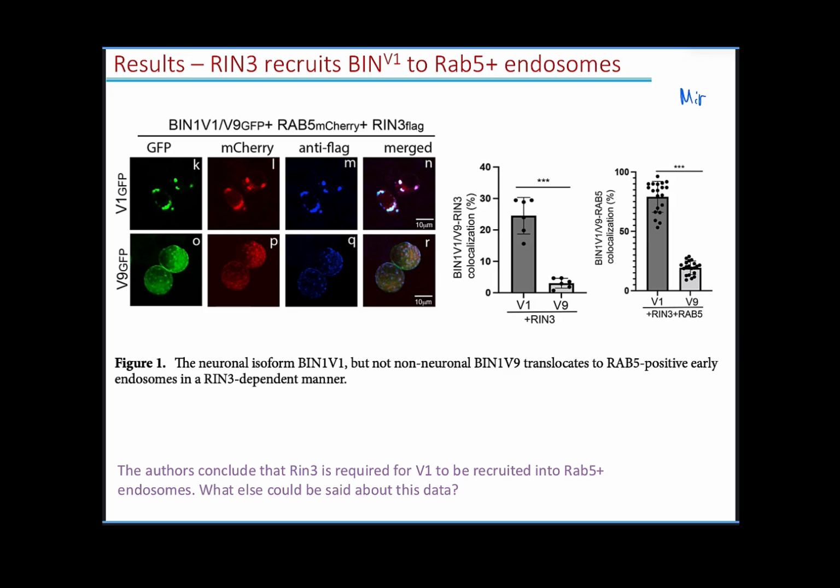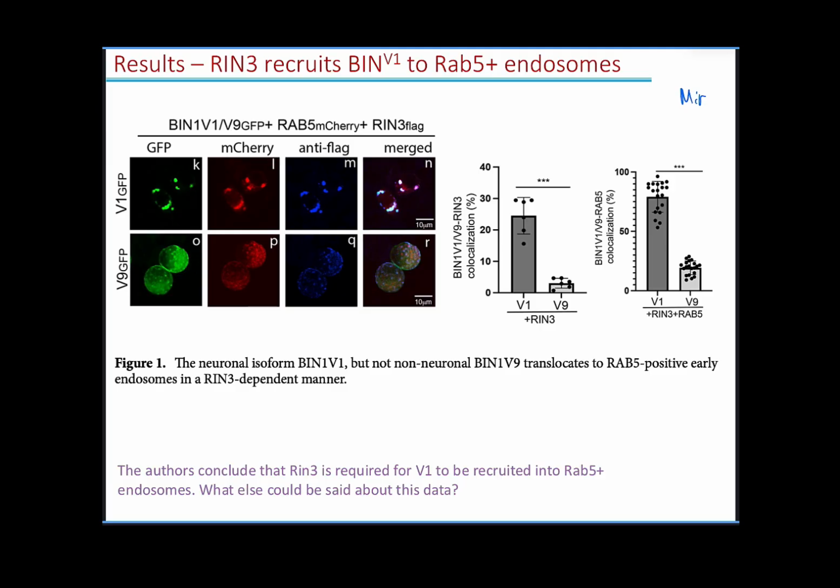It's taking the research a step further and saying, now that I've concluded that V1 is being recruited, but not V9, why might that be, right? What I'm inviting you to do is ask yourselves, what else could we say based on this data? Because in my opinion, the conclusion is not incorrect, but it's slightly incomplete.